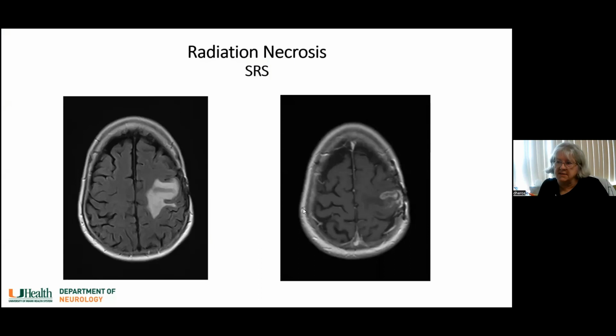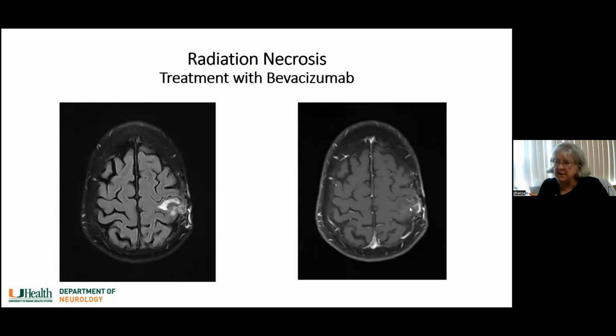So this is an example of non-small cell lung cancer with radiation necrosis, and treatment with Avastin improved symptoms, which involved arm and leg weakness and clumsiness. And this is the response to Avastin.